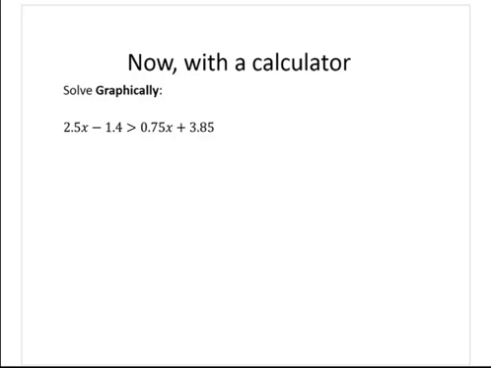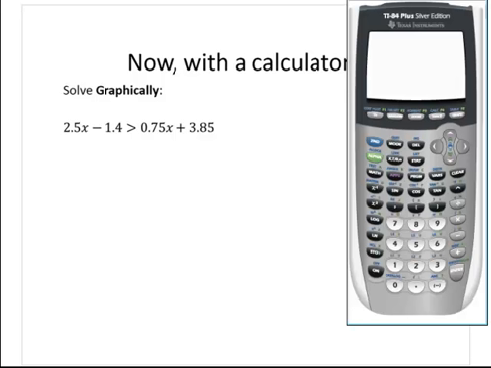So if we wish to solve this inequality, 2.5x minus 1.4 is greater than 0.75x plus 3.85, let's use the calculator to do this. What we will do is graph both of the expressions.